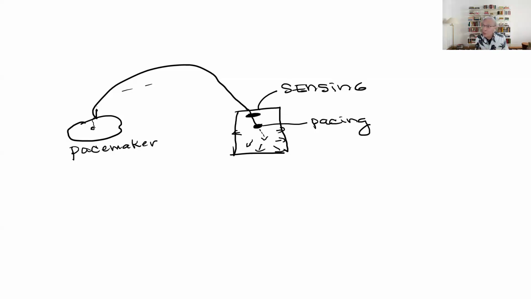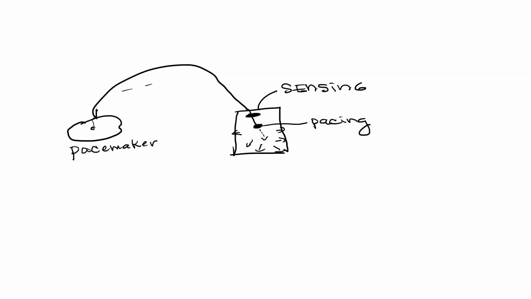So what should the pacemaker do? It jumps in and delivers an electrical current. So the sensor is the one that's responsible for determining when an electrical current needs to be delivered. So you need to understand these two concepts, the pacing electrode and the sensing electrode.